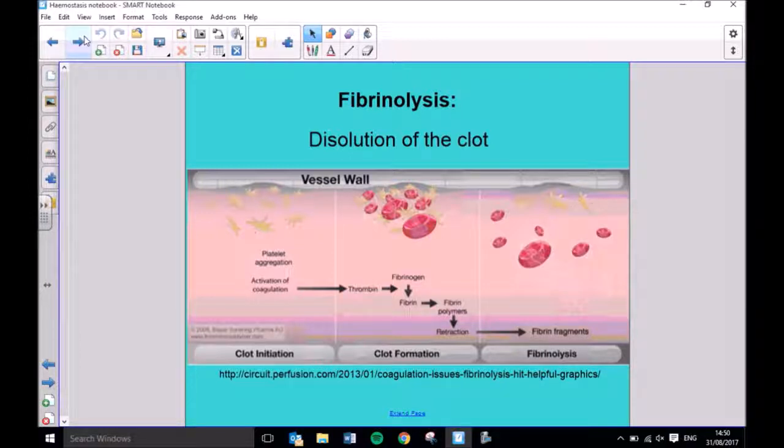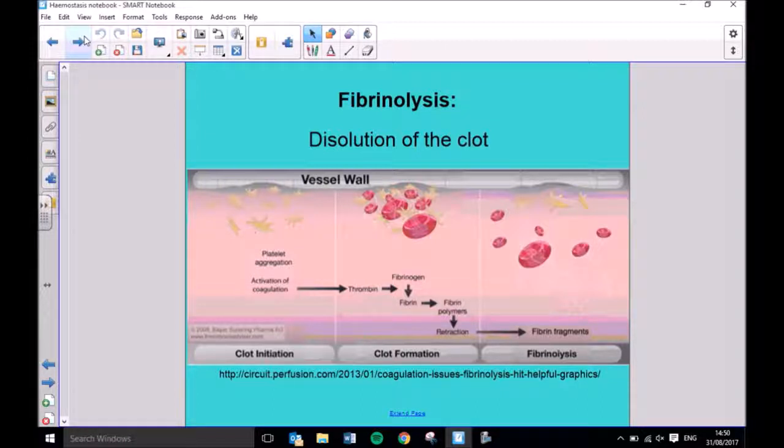But as they work towards each other, and they're repairing themselves using fibroblasts, and they're laying down new collagen fibres, the clot gets in the way. So we need to start to get rid of the clot as the vessel heals. And this process is called fibrinolysis. So the fibrin is what gave the clot structure, and the lysis refers to getting rid of or breaking it down. So dissolution of the clot.